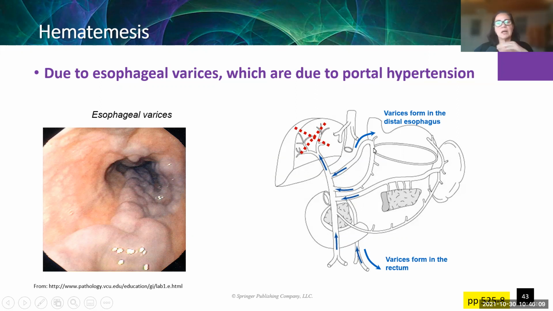I have it here like it's blocked completely. It's just significantly restricted. And so there's this increase in pressure in these blood vessels, and all of this pressure backs up and backs up and backs up into the vessels that are draining this distal part of the esophagus. Those veins increase in pressure, and that's going to swell.